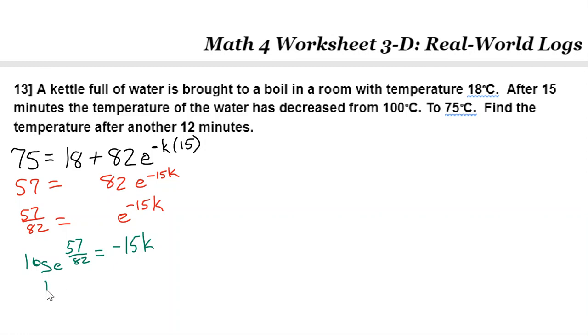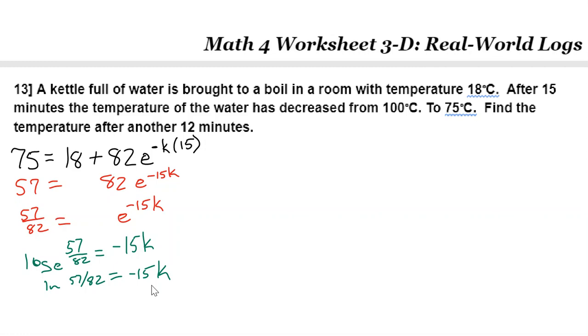which is natural log of 57 over 82 equals that. So natural log 57 divided by 82. It's going to give me negative 0.36 and so on.